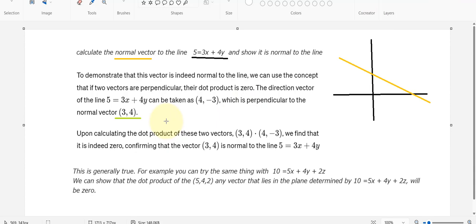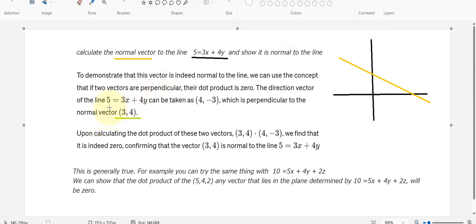So what we would need is a vector which is parallel to our line, and then if we found that vector, we could take the dot product of that vector with this, and if we get 0, then we've seen that that means that they're perpendicular.